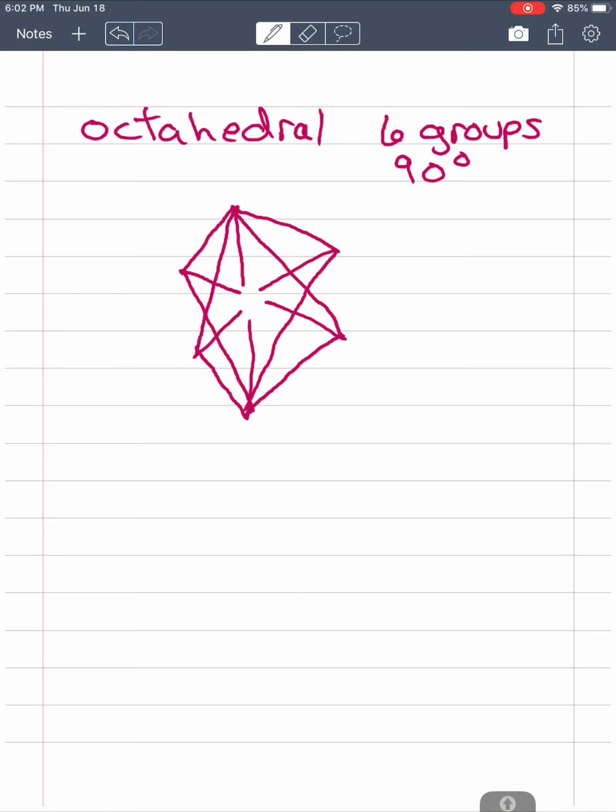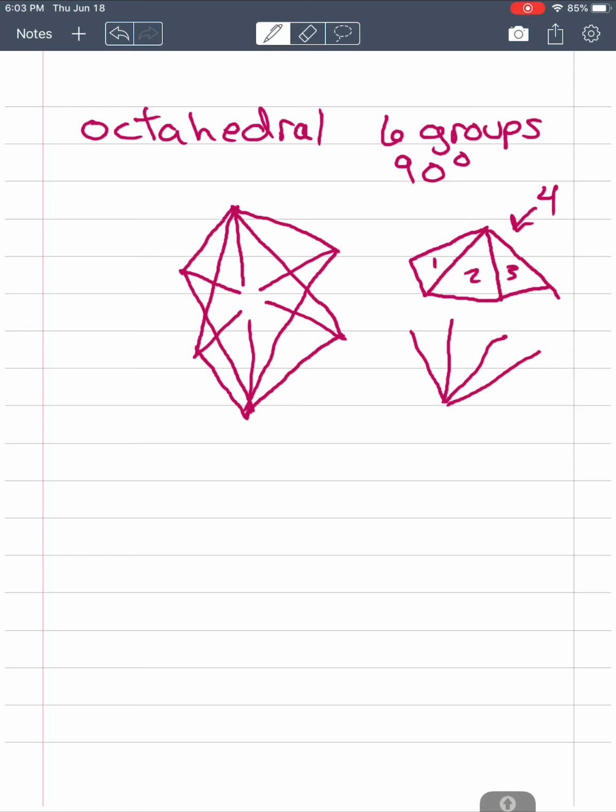All right, you probably can't tell very well from this drawing, but what it gives you is a pyramid with 4 sides, 1, 2, 3, and the back side is the 4th side. And you have 2 of those. You have another one. That's 1, 2, 3, and the back side is the 4th side. So it's a total of 8 sides. There are 6 groups, but there are 8 sides. That's what's called octahedral.